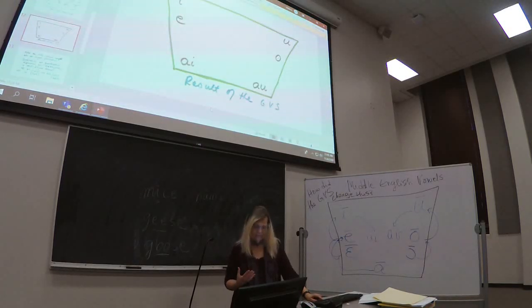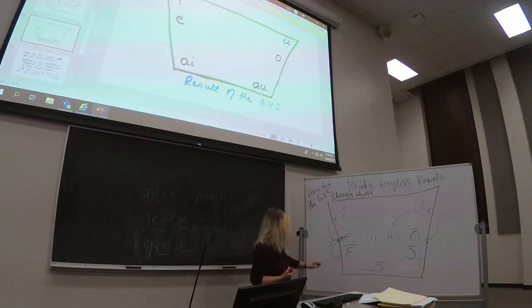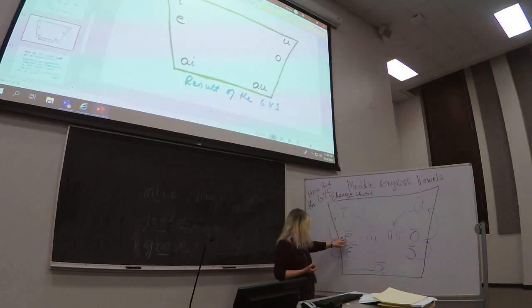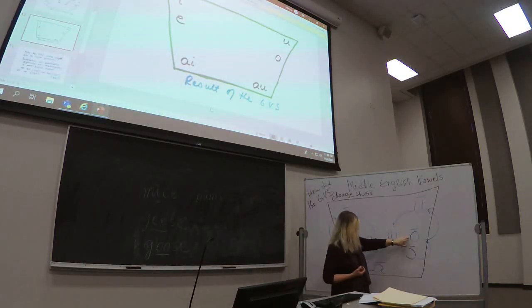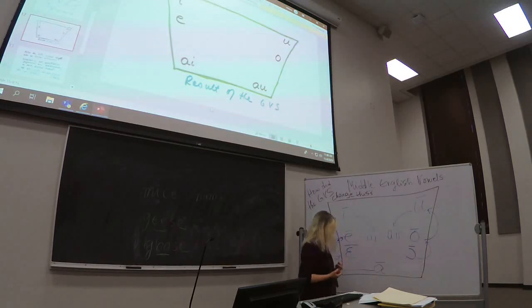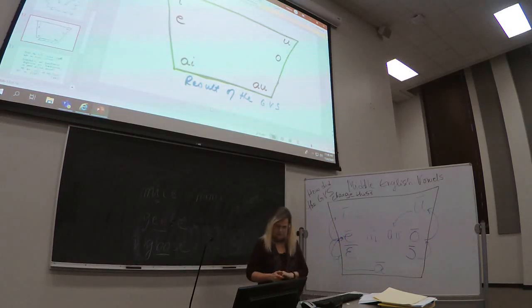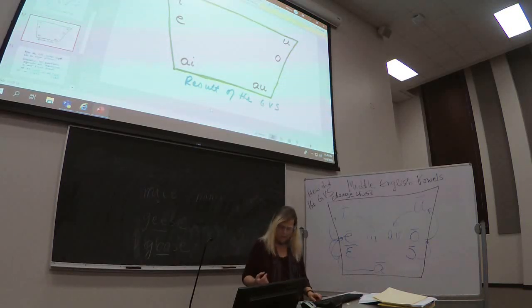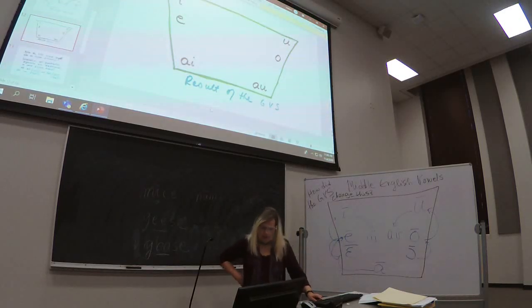So in early modern English you have E and E and the diphthongs I and Au and U and O, but these had kind of disappeared. Not disappeared as vowels, but this is the result of the change.